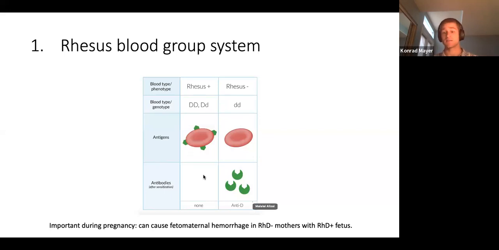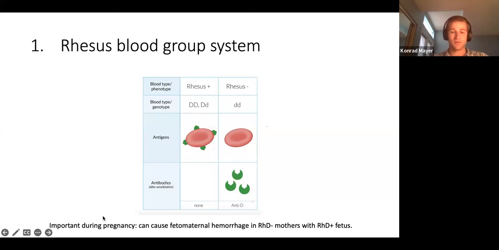So in her next pregnancy, if she was rhesus negative, she will have rhesus antibodies. And if she were to have a rhesus positive fetus in her second pregnancy, this could cause fetal-maternal complications, and it could lead to hemolysis in the fetus, which is not good.